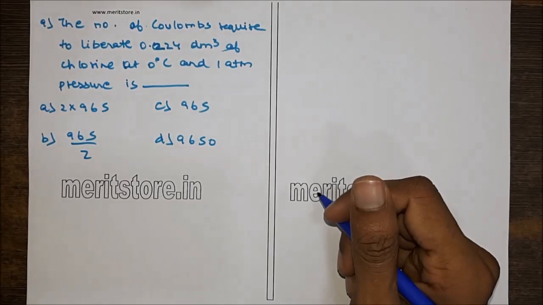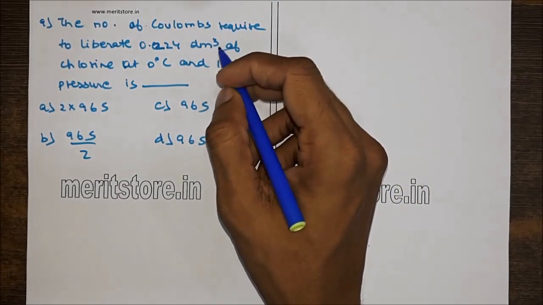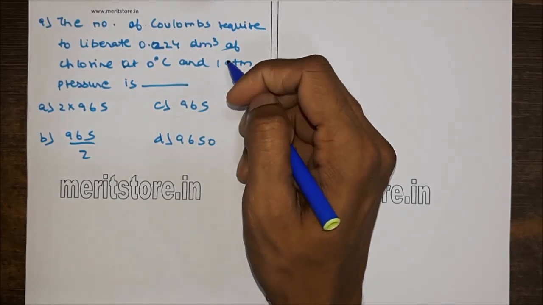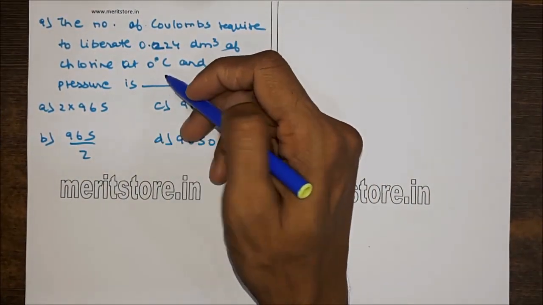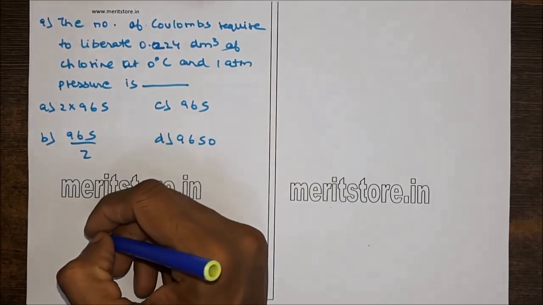Question 9. The number of coulombs required to liberate 0.224 liter of chlorine at 0 degree Celsius at 1 atm pressure is, we are given 4 options.